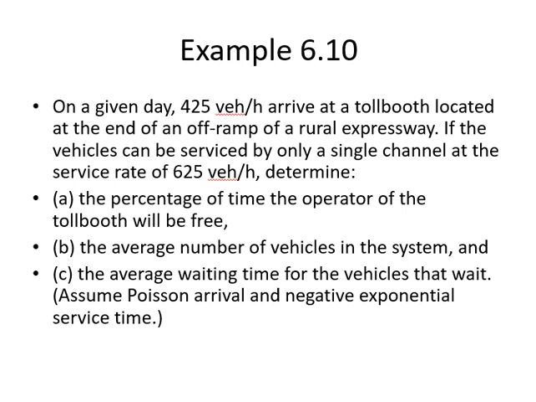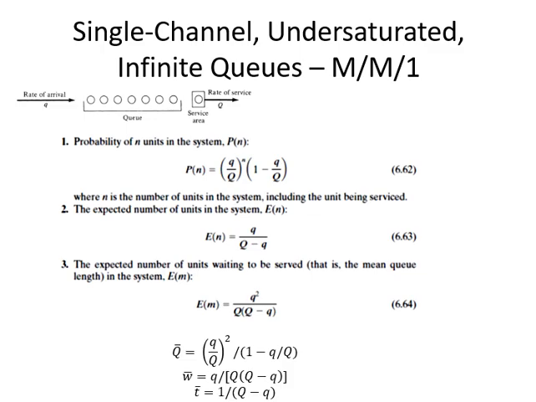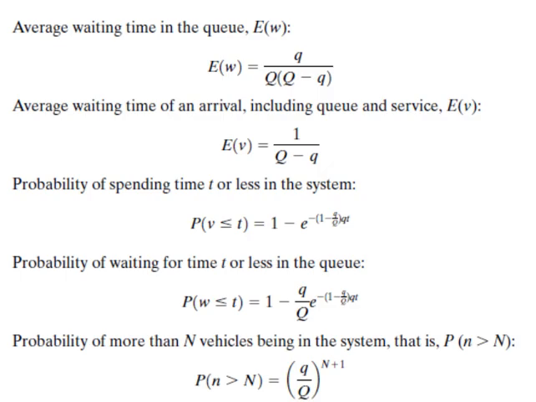Now they are asking for the percentage of time the operator is free. Which equation should I use? They are asking for percentage of time, so I will have to use one of these P equations. Which P equation? There are 3, 4 here.